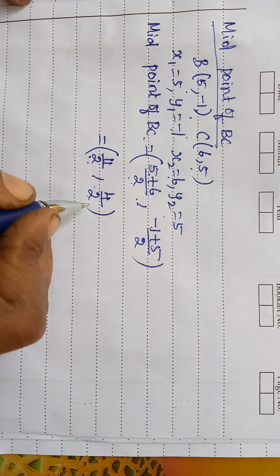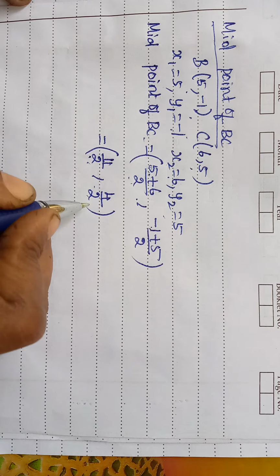Here x1 equal to -7, y1 is equal to 6, x2 is equal to -4, y2 is equal to -2. Midpoint of DA is (x1 plus x2) by 2 comma (y1 plus y2) by 2, that is (-7 plus -4) by 2 comma (6 plus -2) by 2.